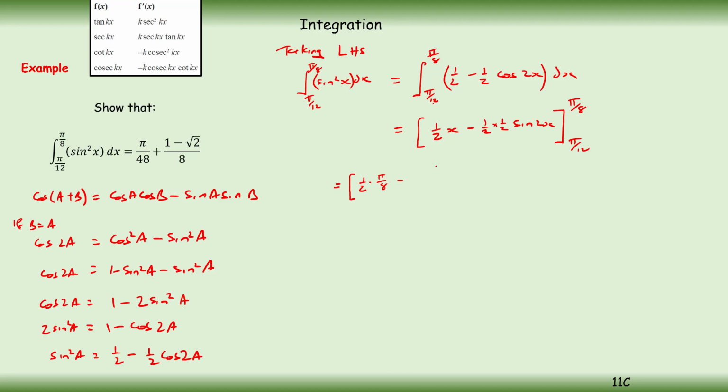Minus a quarter sine 2 times pi by 8, minus a half of pi by 12, minus a quarter of sine of 2 times pi by 12.